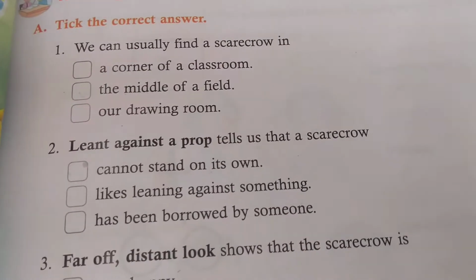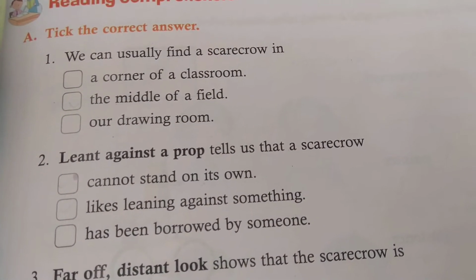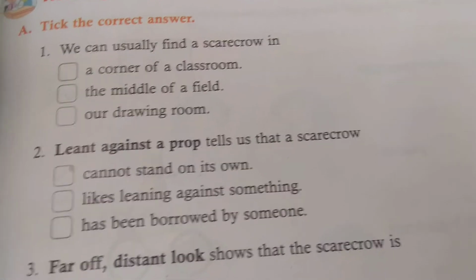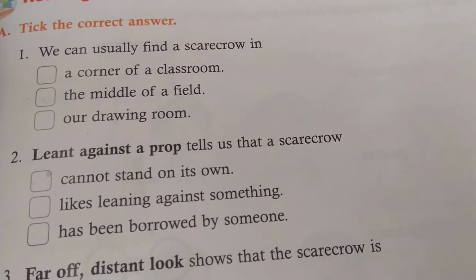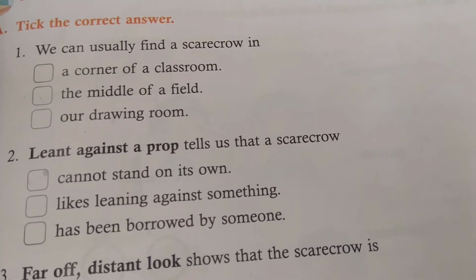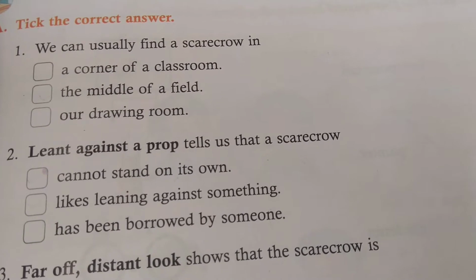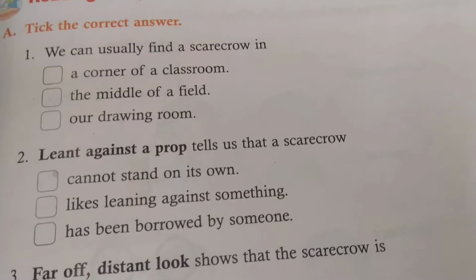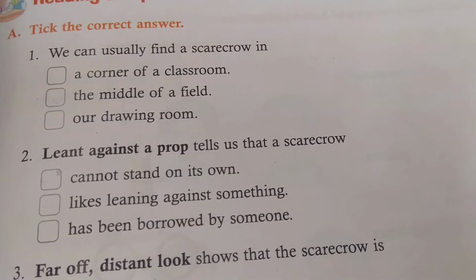It is not even seen in our drawing room. Right, let's go to the second one. Leaned against a prop tells us that a scarecrow. So now this prop is telling us that a scarecrow cannot stand on its own, likes leaning against something, has been borrowed by someone. Right, so it is always leaning against something because it can't stand on its own.